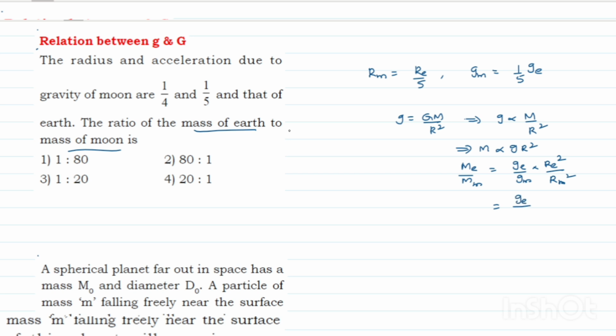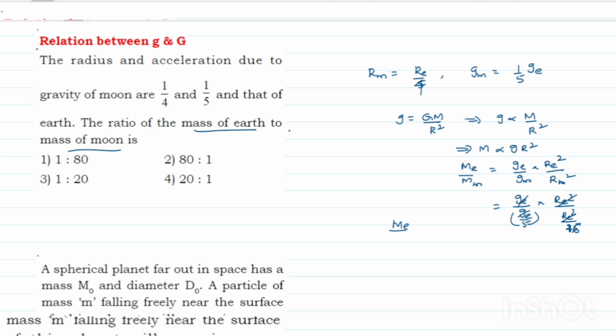So g on earth by g on moon: g on moon is 1 by 5th of g on earth. So we get g E by 5 into R E square by radius of the moon square, which is R E square by, 4 times 4, 4 is 16. So g E gets cancelled, R E gets cancelled.